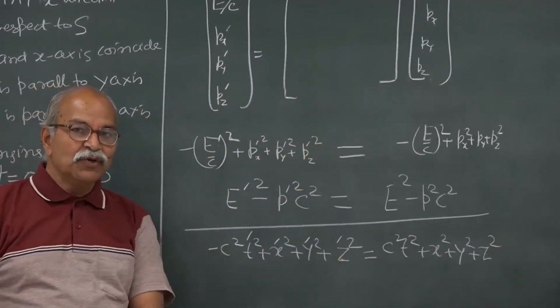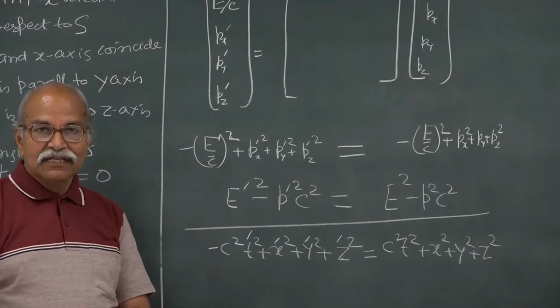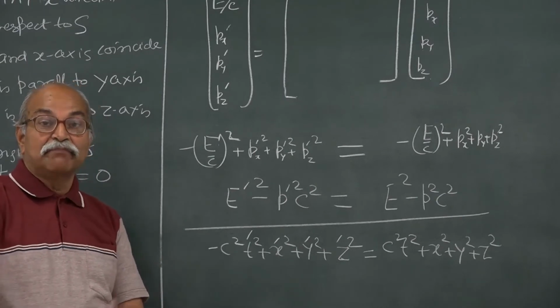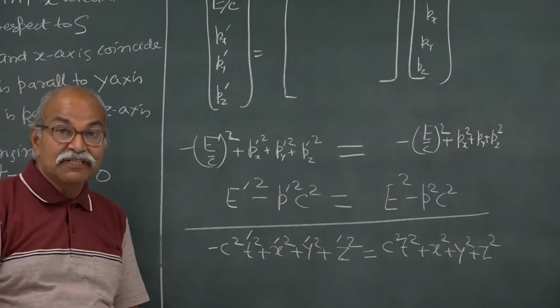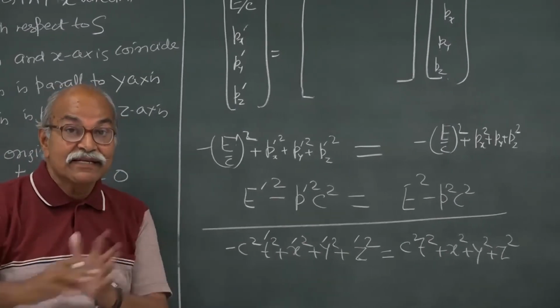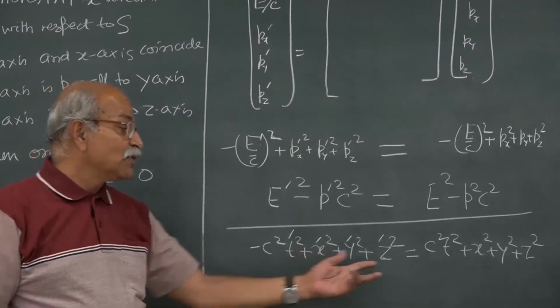No matter how you are going from one inertial frame to another inertial frame, whether the axes of the other inertial frame you have chosen are parallel to the original axes of the first frame or not, whether the second frame is moving in the x direction or not, this quantity is not going to change.